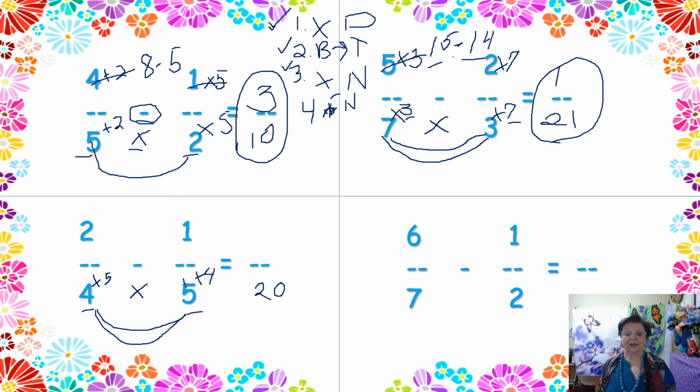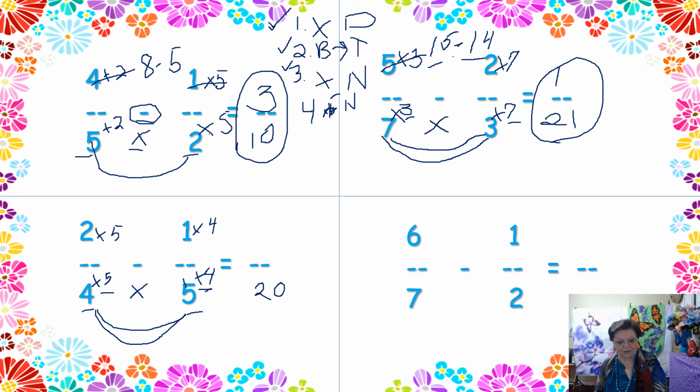Now, step 2, whatever I do to the bottom, that's right, I have to do to the top. So I multiply times 5 here. So I'm going to multiply this 2 times 5. And I multiply times 4 here. So I'm going to multiply this 4 times 5. I mean this 1 times 4. Ugh.